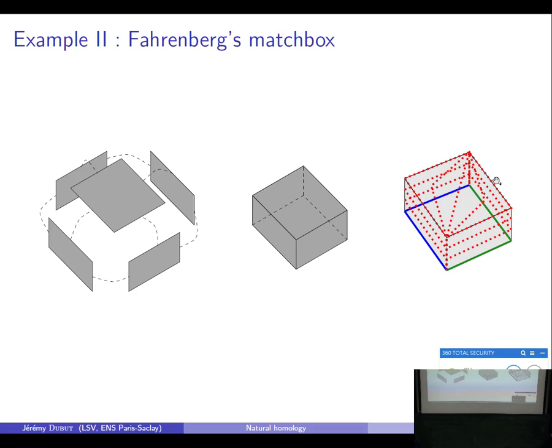And so we have two particular dipaths, here in blue and here in green, which are homotopic, because we can continuously deform one to the other just by going around the cube. But as you can see, in this deformation, we go through some paths here that must go from top to bottom, and so are not dipaths. So this homotopy is not a dihomotopy. Actually, there is no dihomotopy between those two dipaths, which means that they are not dihomotopic.